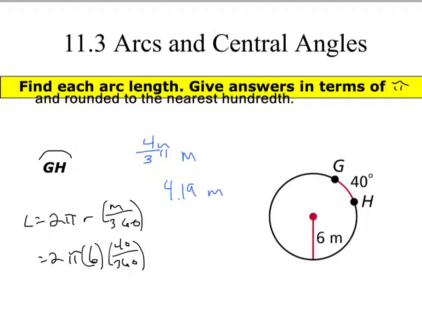The very first thing is I get it in terms of pi. I do not multiply. I just take 2 times 6 times 40 divided by 360, which I got as 1.3 repeating, which you may have also had. That would be in terms of pi. Then I multiplied that to get about 4.19.